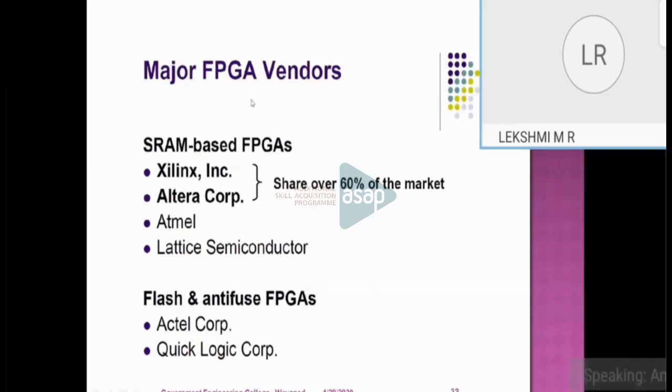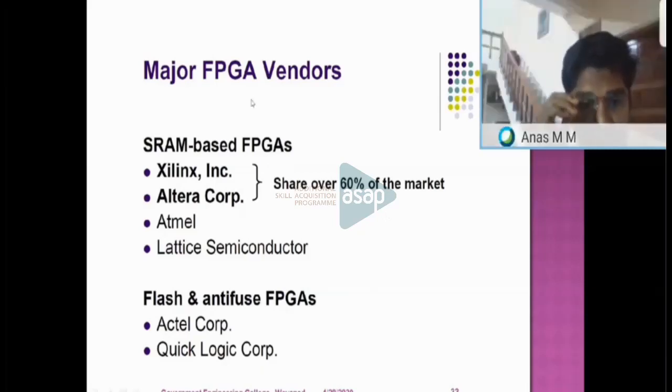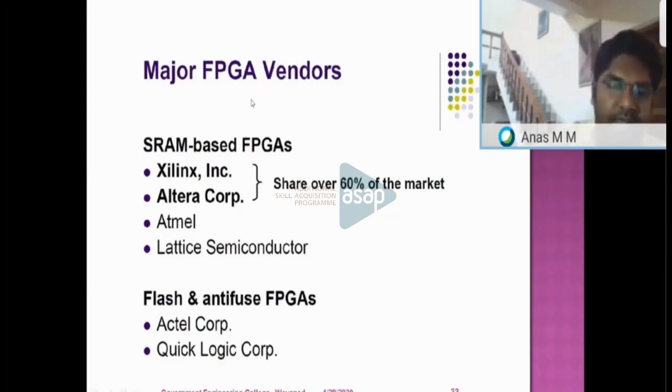Okay, so we are discussing FPGA. There are many industries manufacturing FPGAs with different types of architecture. These are examples of FPGA vendors: Xilinx, Altera, Atmel, Lattice, who use SRAM-based FPGAs, and Actel and QuickLogic, who use flash and antifuse FPGAs.